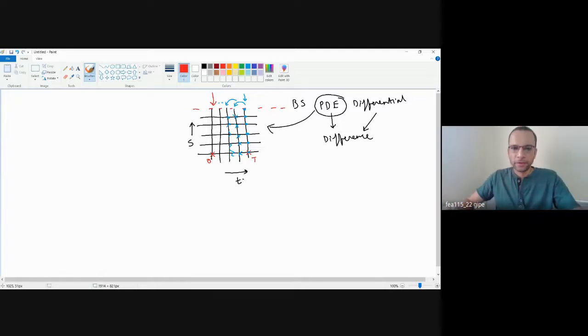Okay. So what I would like to say is, let's say I have I number of asset steps and I have k number of time steps.